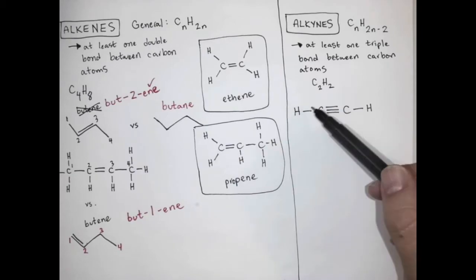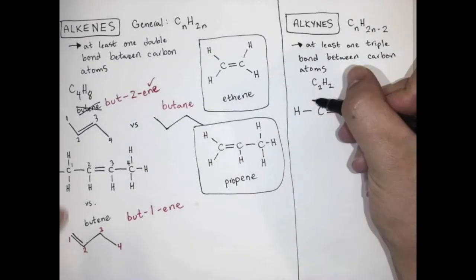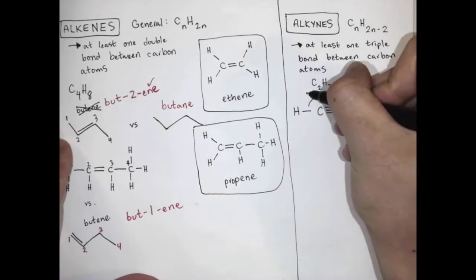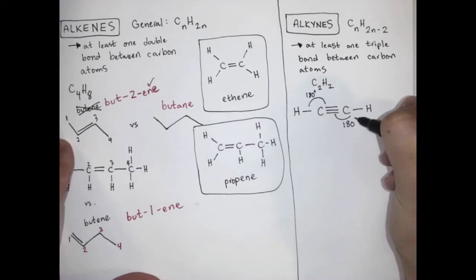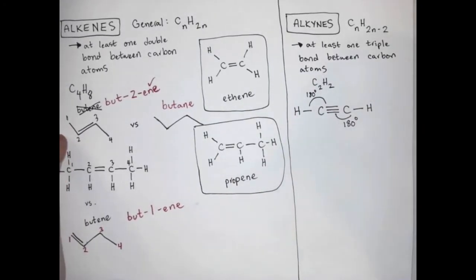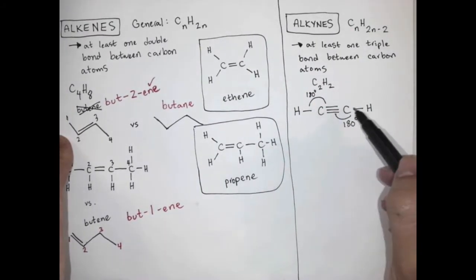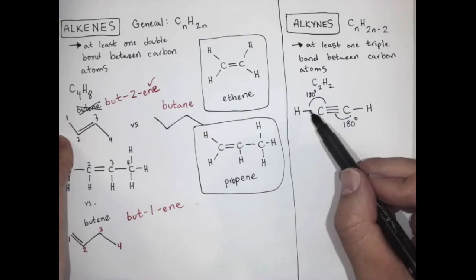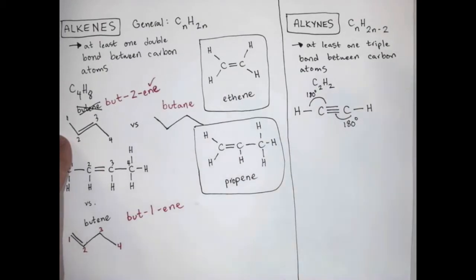So you've got basically 2 electron groups pushing against each other, and the farthest they can get away is 180 degrees from each other. So these make straight lines, and the triple bond is very strong, it's very rigid, it doesn't bend. So these 4 atoms stay in the same line in space.